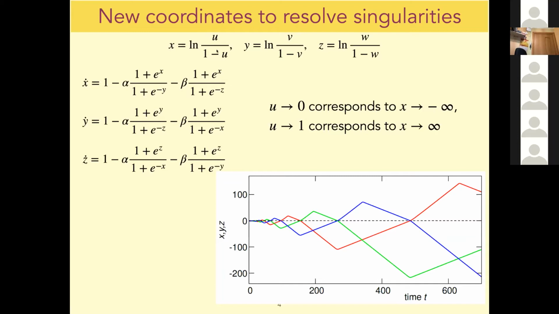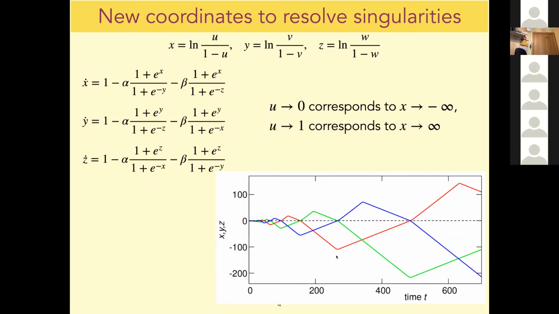You can rewrite the equations in these variables, and the attractor, or heteroclinic cycle, looks like this. There are oscillations with growing amplitude because the trajectory approaches the heteroclinic cycle, and this means that very large positive values and very large negative values are now possible. It is just a representation which resolves states close to 1 and states close to 0, which are large negative values.